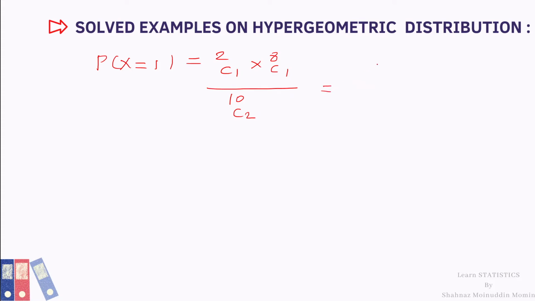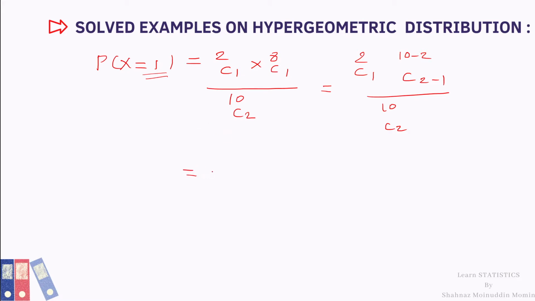How do I write? This is equal to 2C1 into 10 minus 2 C 2 minus 1 upon 10C2. Means by substituting the value of x equal to 1 in the PMF of hypergeometric distribution.